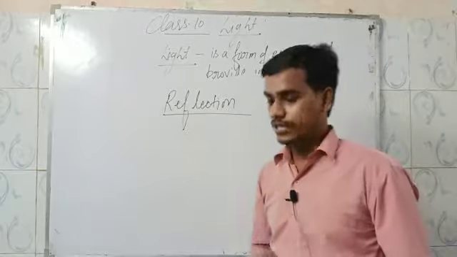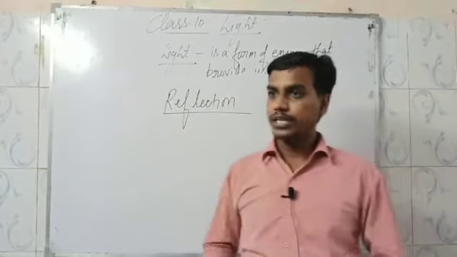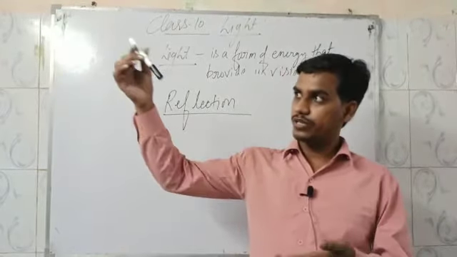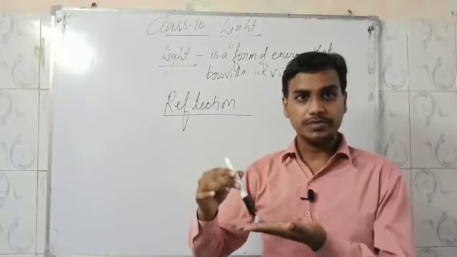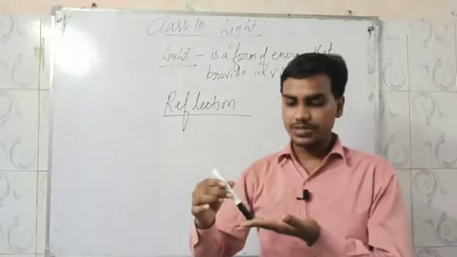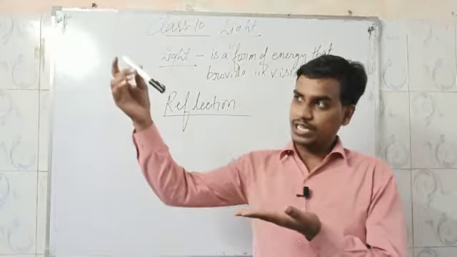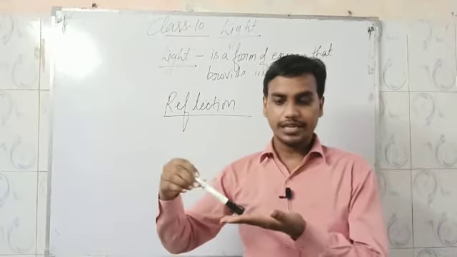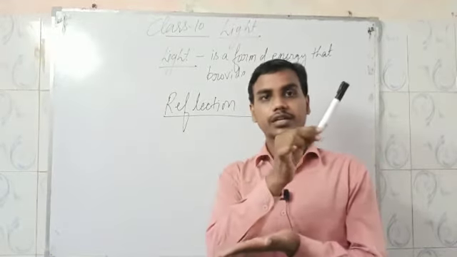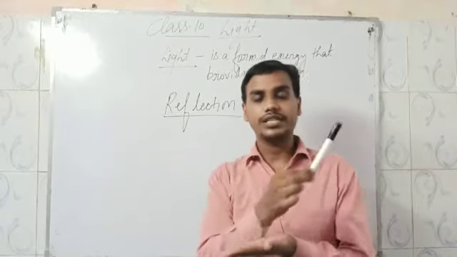Okay, reflection is a process in which light strikes a surface, and this surface must be plain and polished. So light strikes a surface and after striking it bends, it moves in another direction.